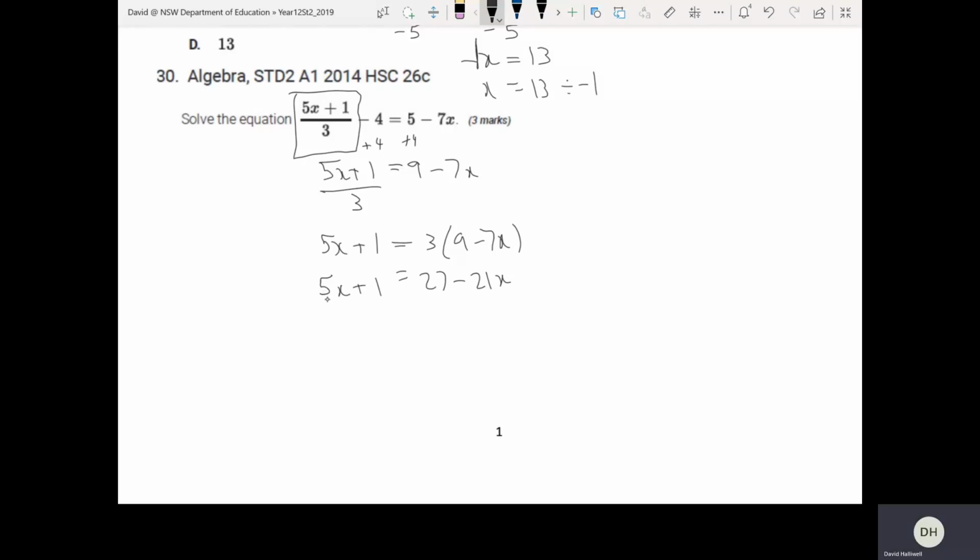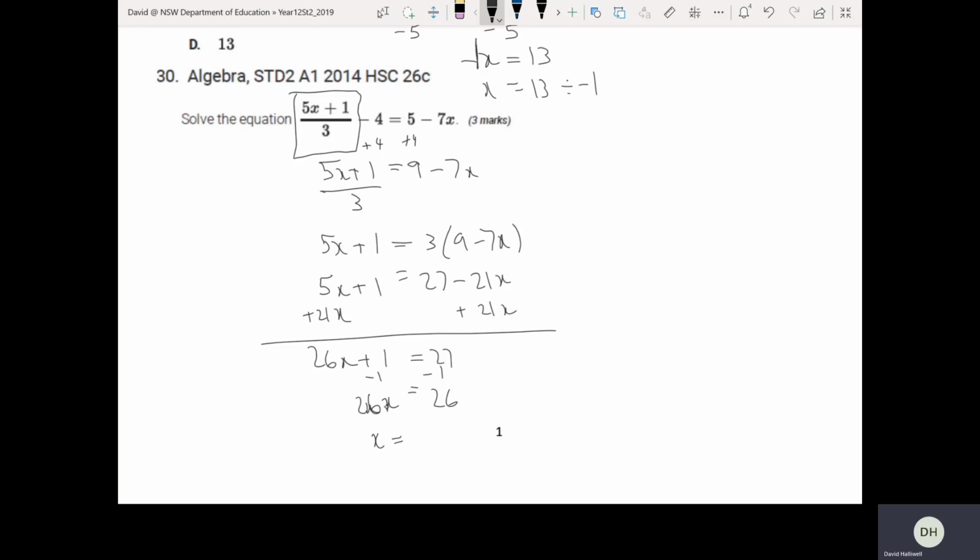Okay, now we've got x's on both sides, so let's move the x's over to one side. I think the easiest way here, there's a -21x. To undo that, we +21x to both sides. So we're going to get 26x plus 1 equals 27. Now it's just a matter of minusing 1 from both sides. And that'll be 26. So 26x is equal to 26.